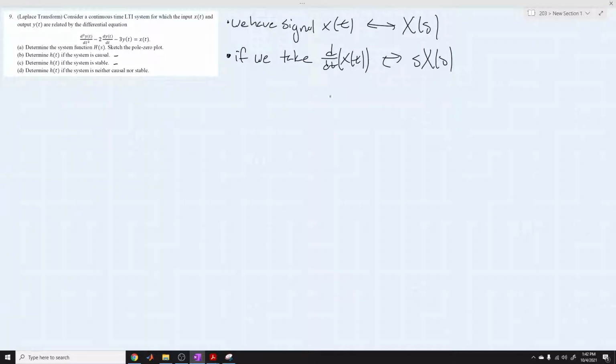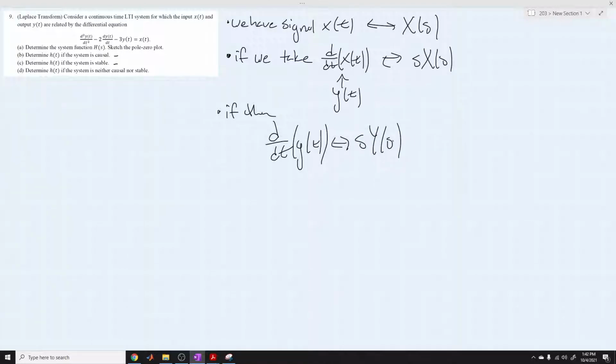And then we could call that y of t. If we then differentiate y of t, that's going to give us s times Y of s. So we could do that as many times as we wanted if we had some nth order derivative.